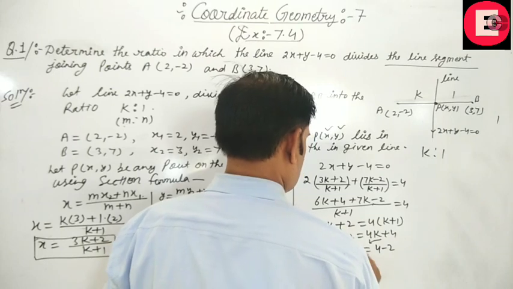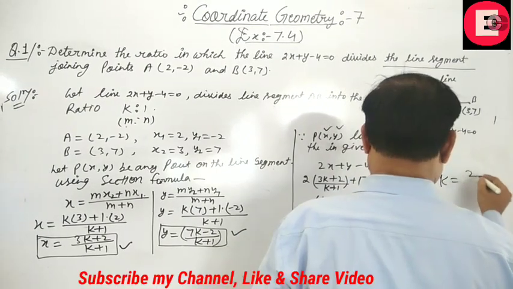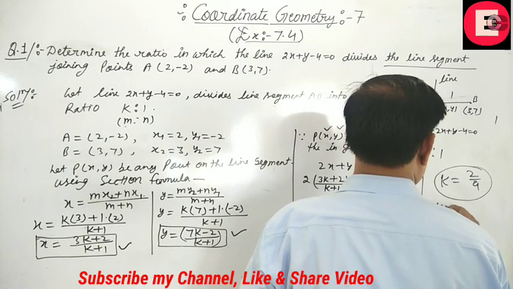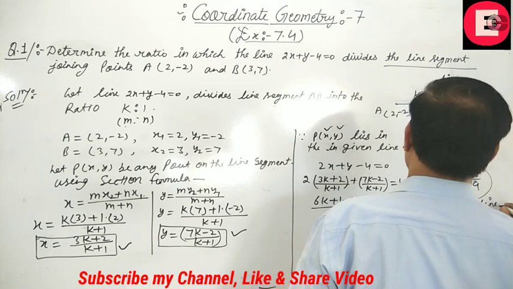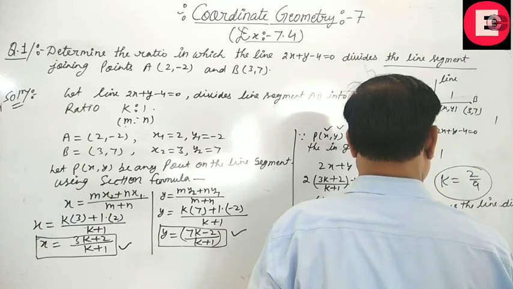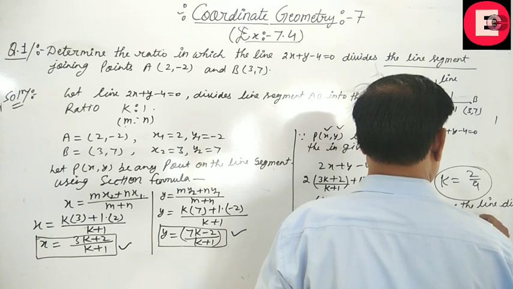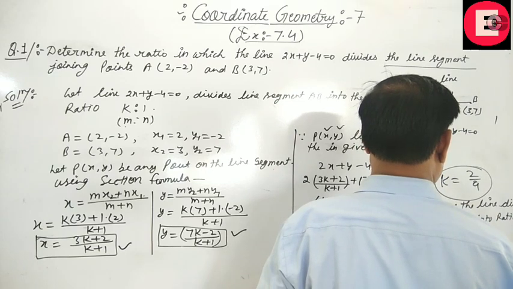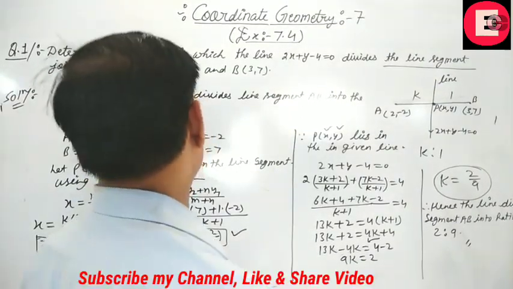Then 13k - 4k is equal to 9k, and 4 - 2 is 2. So k is equal to 2 upon 9. Therefore, the line divides the segment AB in the ratio 2:9.